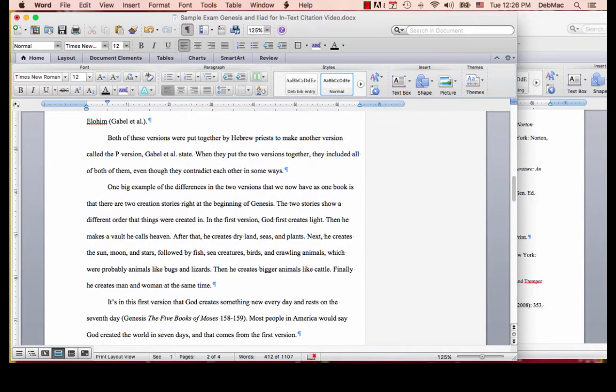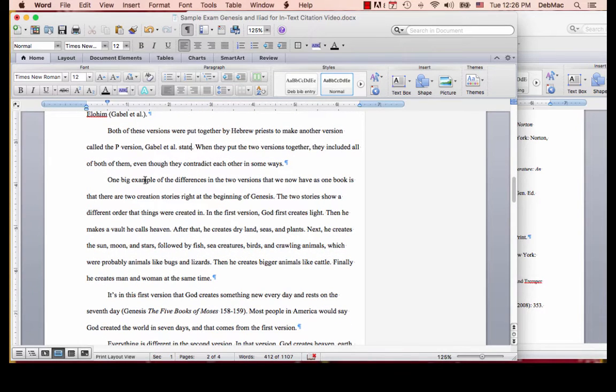Okay. The next paragraph is a specific example of how two versions of Genesis differ from each other, and it talks about, in this case, the creation story that appears in Genesis 1.